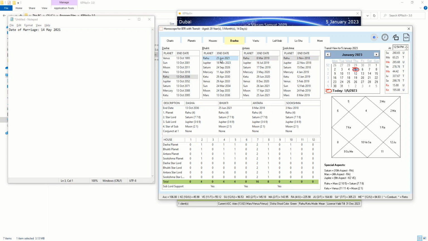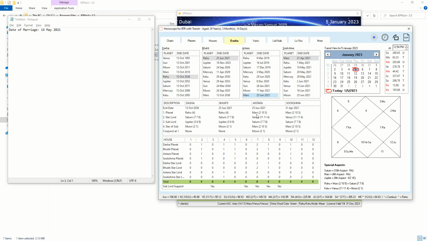Rahu was active till 25th June 21 and we are talking about 14th May here. And if we look at Antara, it would be Mars. So you can see the planets that are active, basically Rahu and Mars. They are capable of giving the marriage. You can do the calculations.